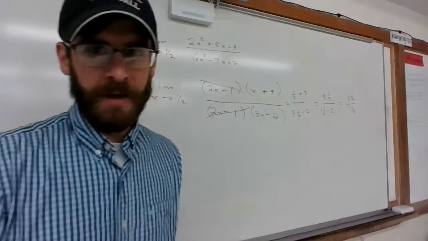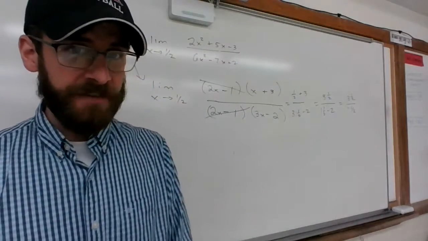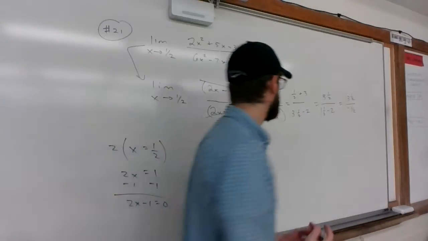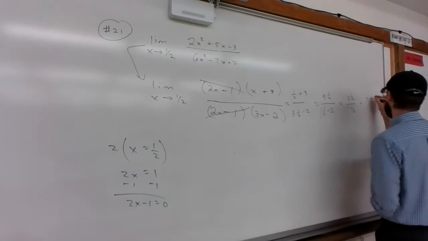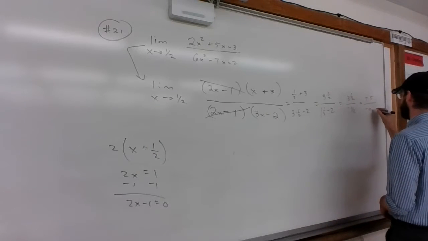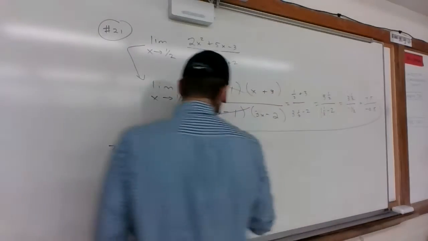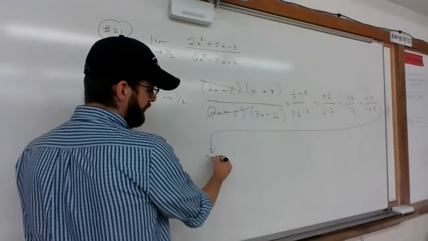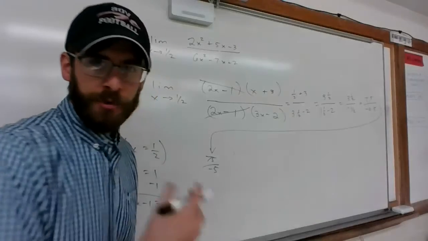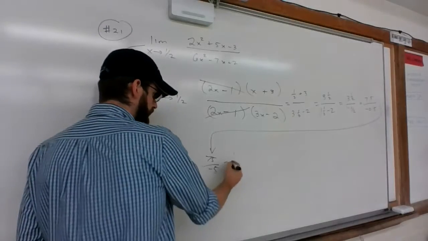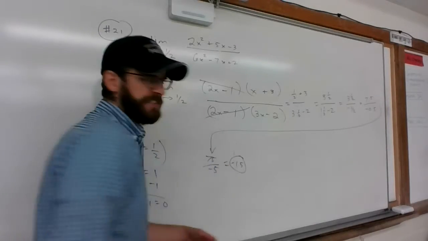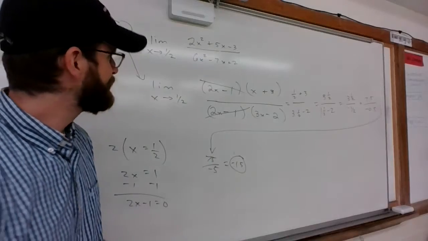So another way to think about that would be 7.5 over negative 0.5, which is the same as 75 over negative 5 if you multiply the numerator and denominator by 10, which gives you negative 15. Okay.